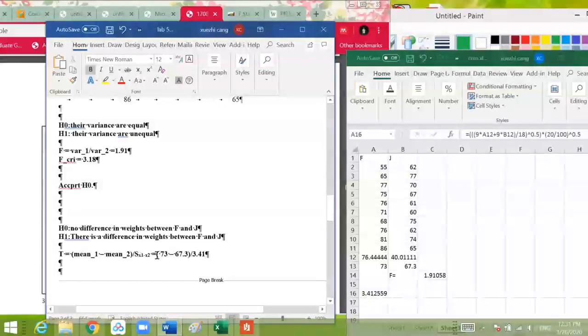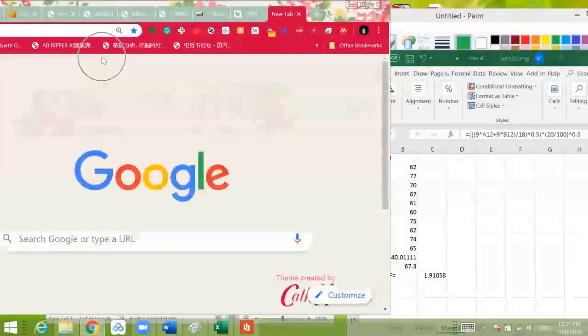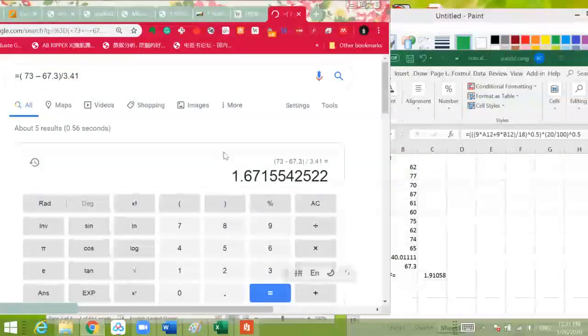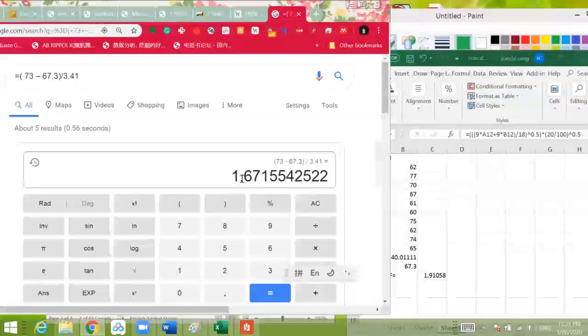So we can use Google to calculate this equation. The result is 3.67.